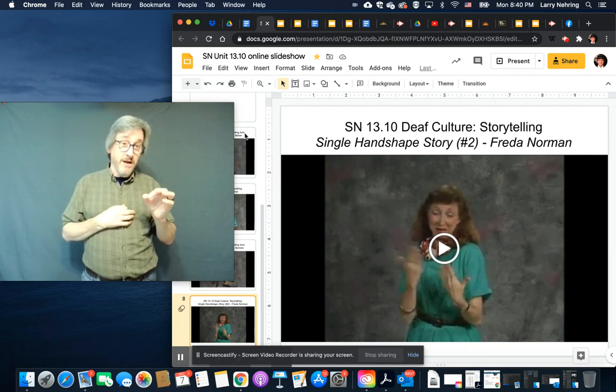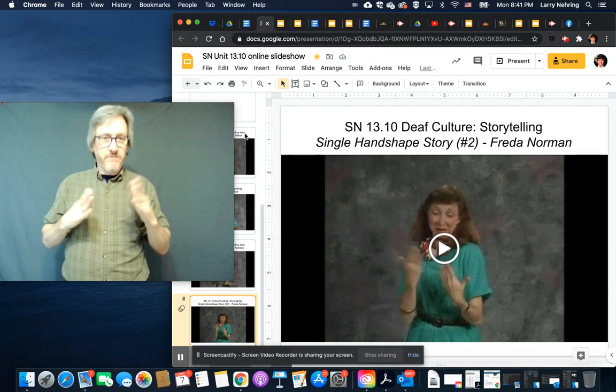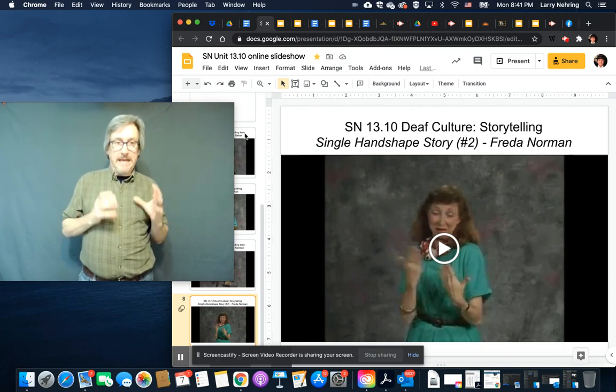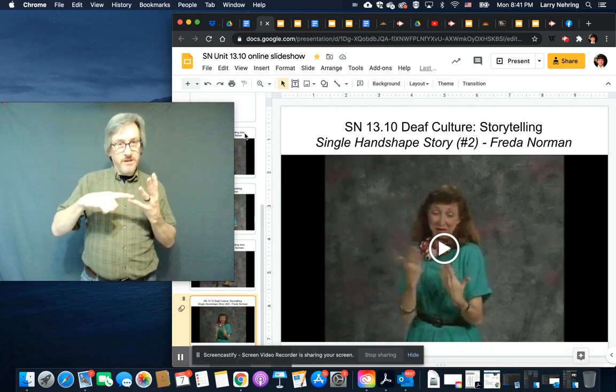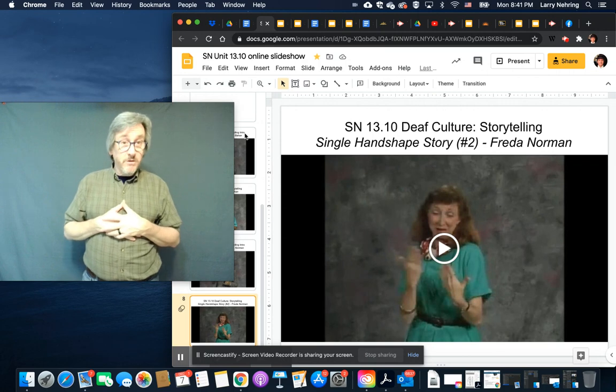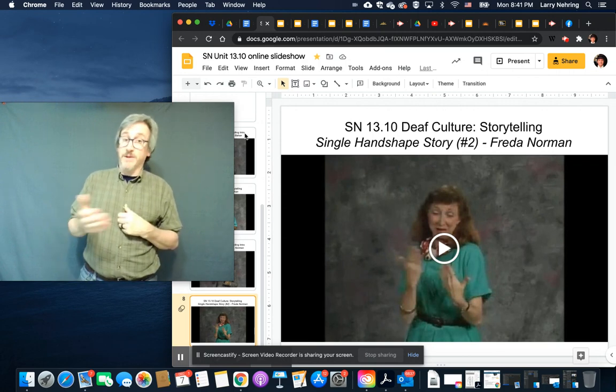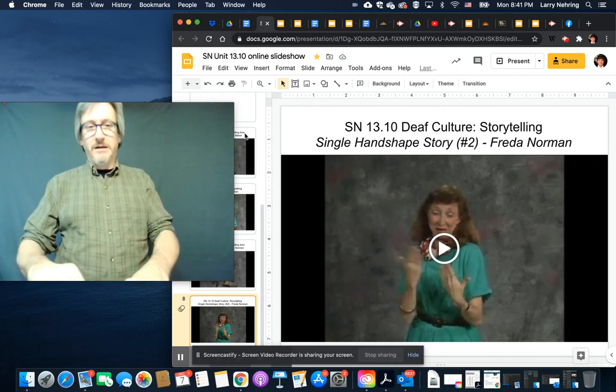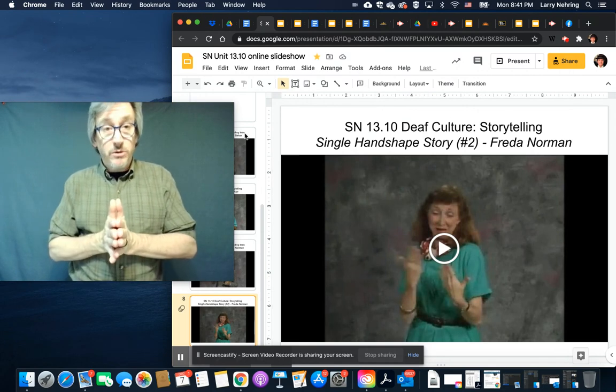Literally, if you think about it, the rhyme scheme of using single hand shapes or ABCs is very much along the lines of any kind of song lyrics. Think about the level of rhyme that occurs in rap lyrics. If someone can be impressed by that, they can be impressed by the sign language. Maybe, if they have a brain cell or two. Anyway, all right, so that's 13.10.